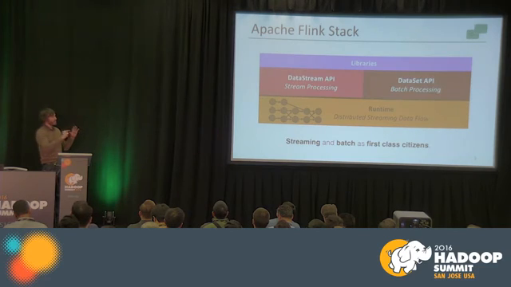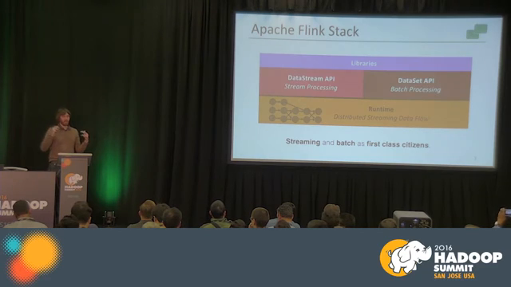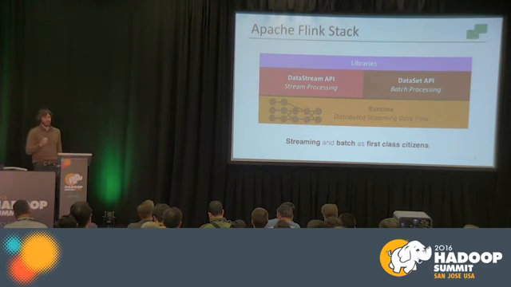So the batch API is a simplified API for batch processing, with a few additional constructs that come in handy when you do batch processing, like for block synchronous iterative processing, for example. And on top of these APIs, Flink exposes a set of libraries around graph processing, complex event processing, machine learning, and so on.